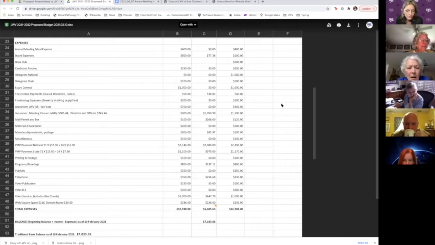And then we have money for the national delegates, $1,000. We didn't need that for this past year because it was virtual. But those are the members that represent us at the national convention. I think the other big expense that's added is the insurance. So, you know, this year we talked about having directors and officers insurance, which we have not had in the past. So that's going to be an ongoing expense.